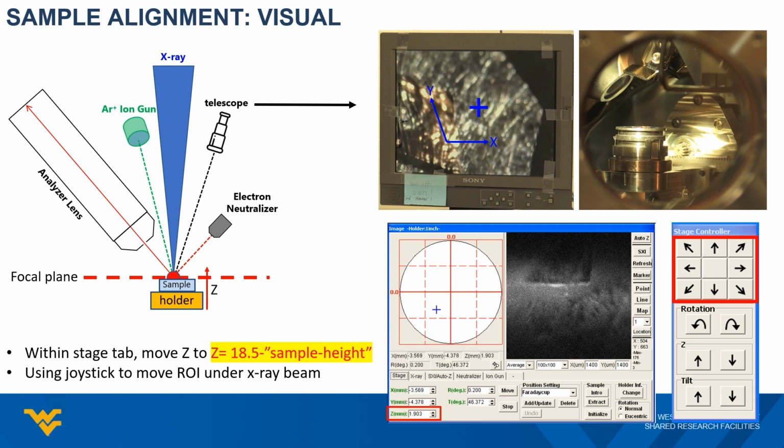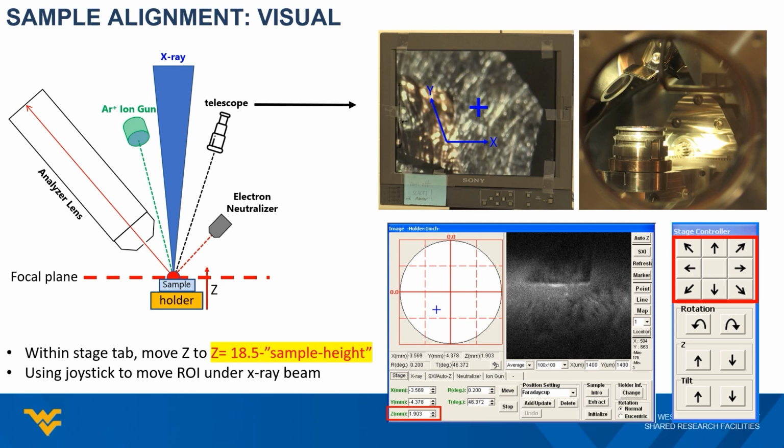When the sample is at the focal plane, you will be able to get a sharp image of your sample. And there is a hand-drawn blue cross mark on that screen to show where the X-ray beam will hit on your sample when the sample is at the focal plane. So this telescope will help us to align our sample visually.